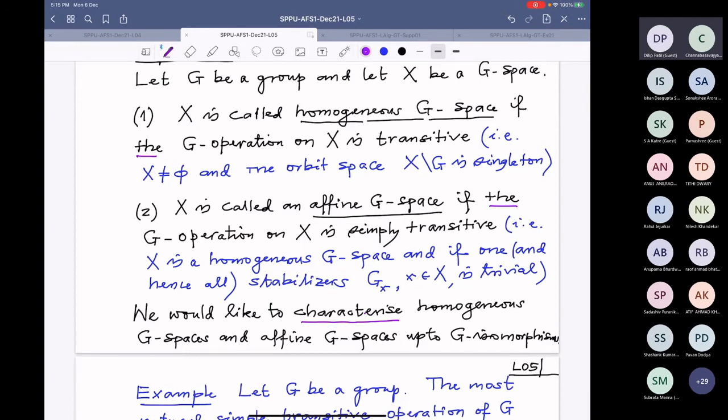Can anybody spell out what I mean by this characterization up to G-isomorphism? You want to say that if two objects satisfy a certain property, then they're isomorphic. Ishan, why don't you be concrete in this case? Spell out what G-isomorphic characterization means.